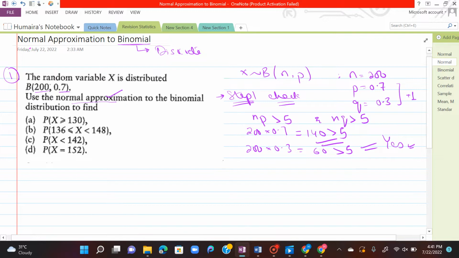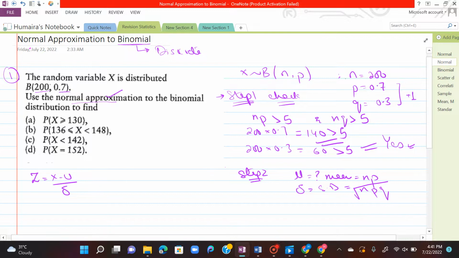The second step we do is we have to use for the normal distribution z equals x minus mu upon sigma. There we apply the second step because I need to know the value of mu and sigma. Now mu is basically the mean, which in binomial distribution can be found by using np. Similarly, sigma is the standard deviation, which can be found by taking npq and then under rooting it. All right, so do I have np over here?